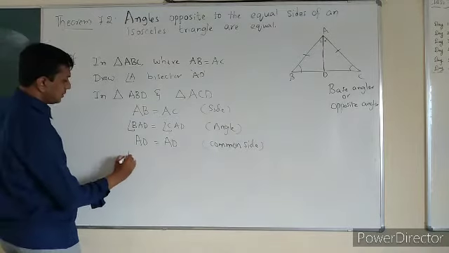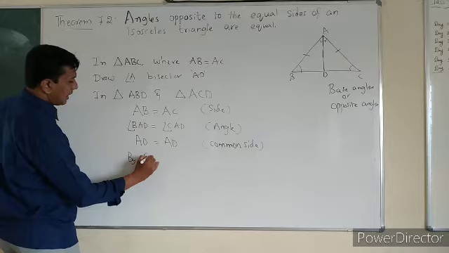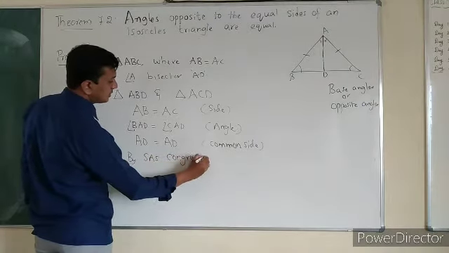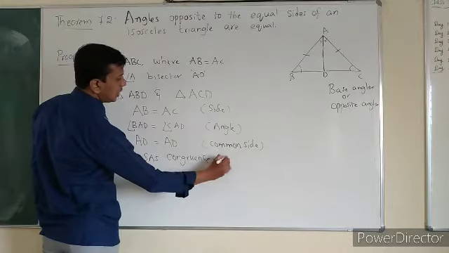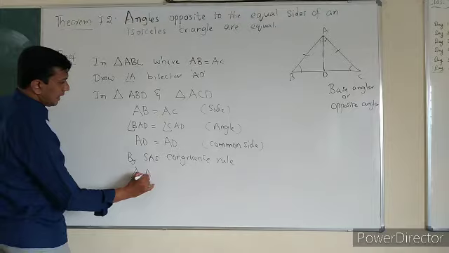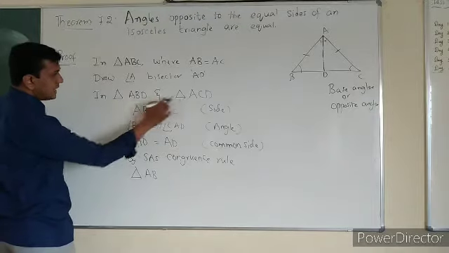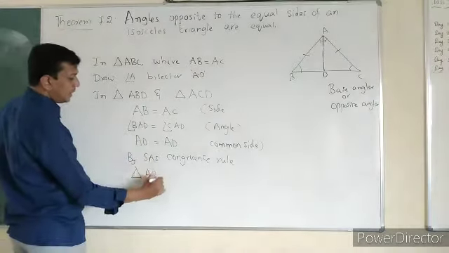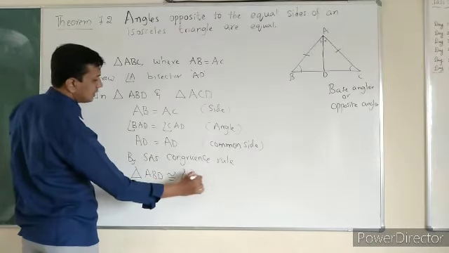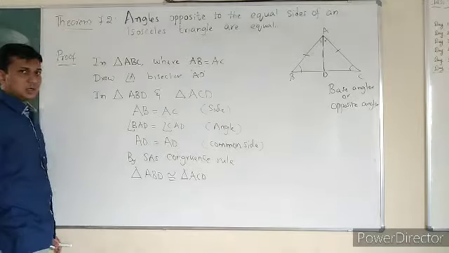That means by SAS congruence rule, we can say that triangle ABD, which triangles have we compared, ABD as well as ACD, both are congruent.